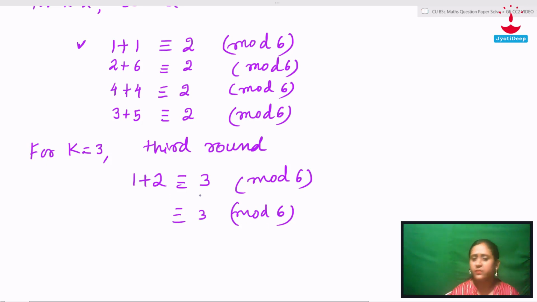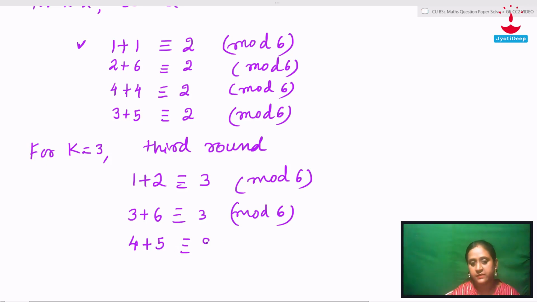So 1 plus 2 is equal to 3 under mod 6. We can take the first team, second team. 3 plus 6, that is 9, under mod 6, 3. 4 plus 5, that is also 9.